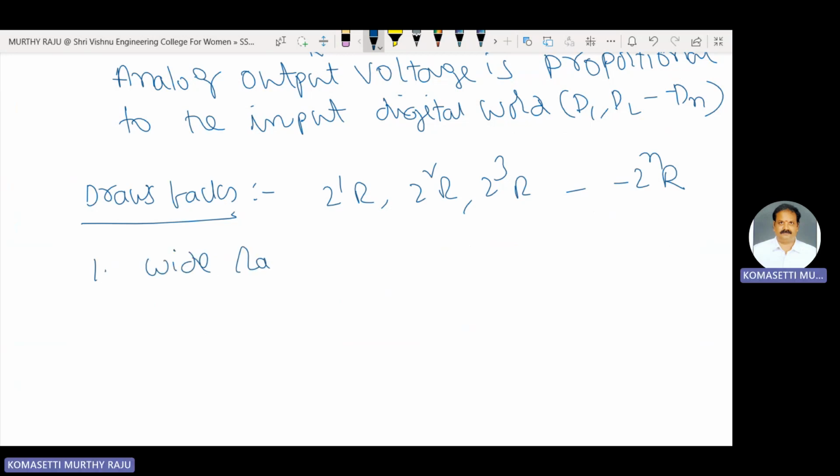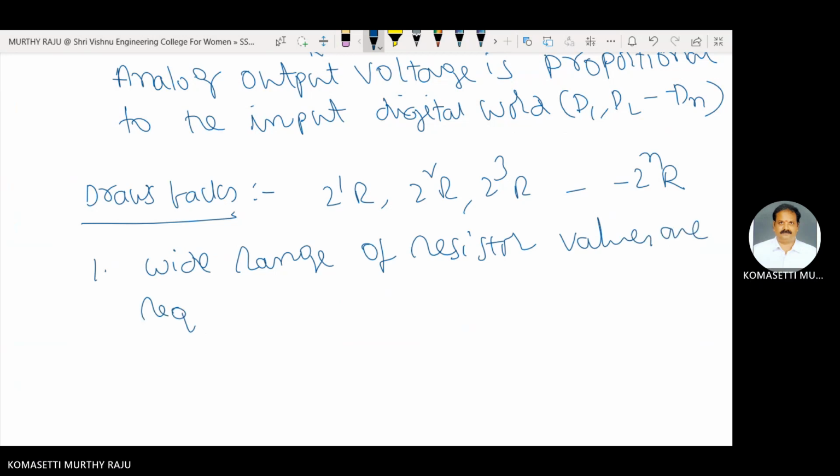Wide range of resistor values are required for an 8-bit digital to analog converter.